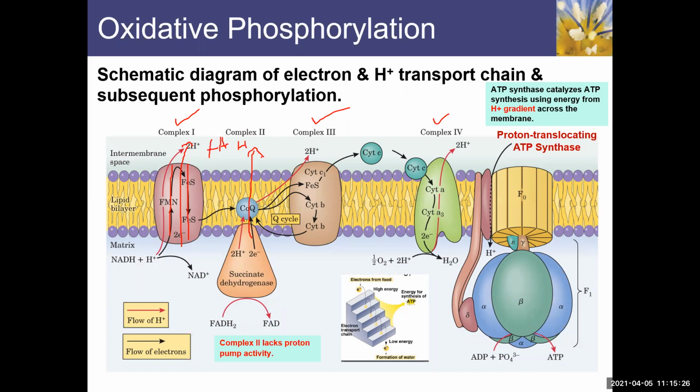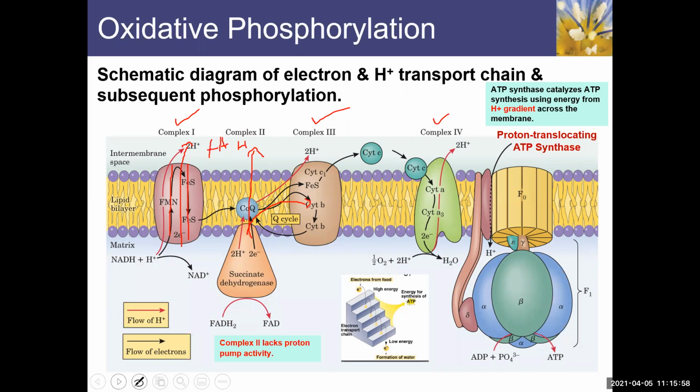It can simply transmit the proton to the next complex, but not to the intermembrane space. Did you understand the difference, what I'm trying to say? The only respiratory enzyme which cannot pump the protons into the intermembrane space is complex 2.